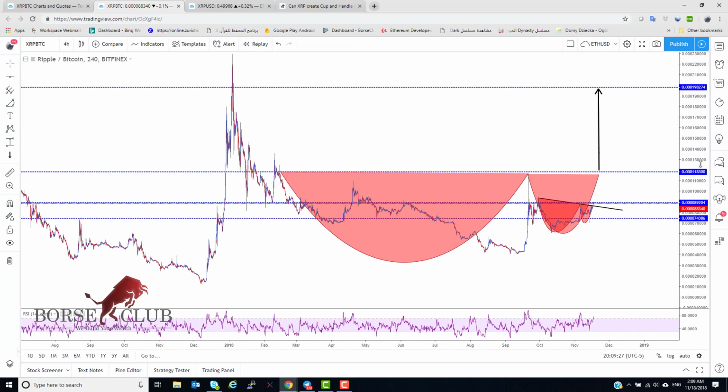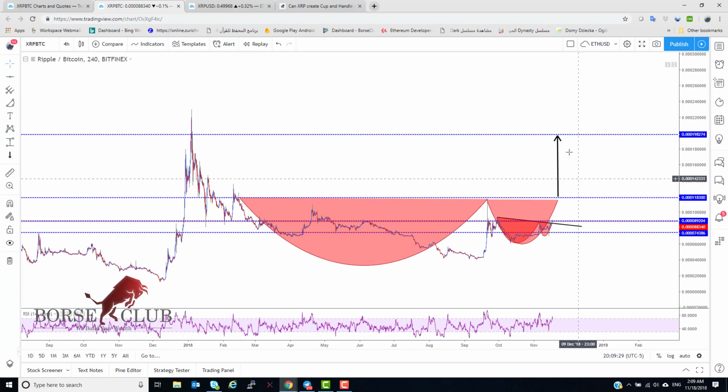Once it reaches this area, I'm sure, because Rebel is always doing patterns followed by patterns. If you check Rebel over the past period, you will notice how many patterns were created after reaching the first target or second target.